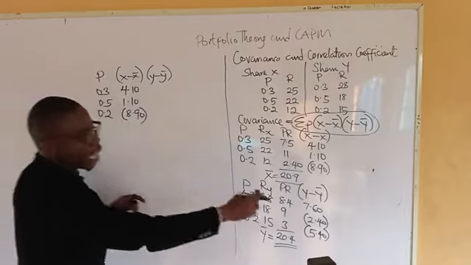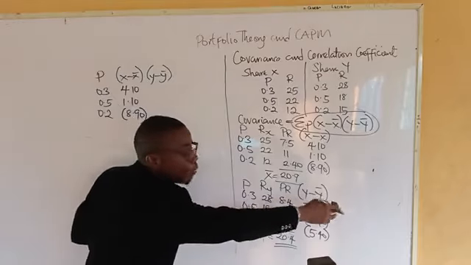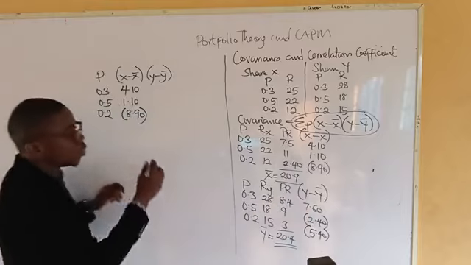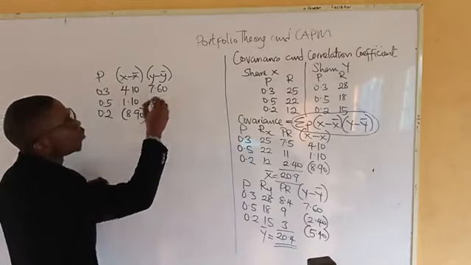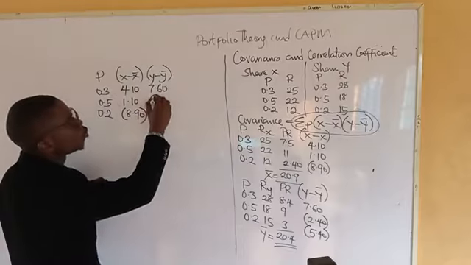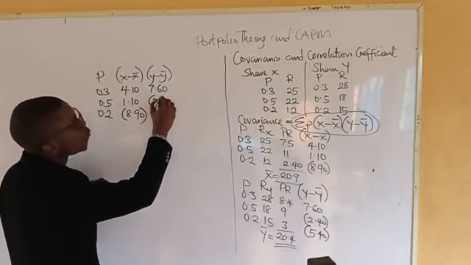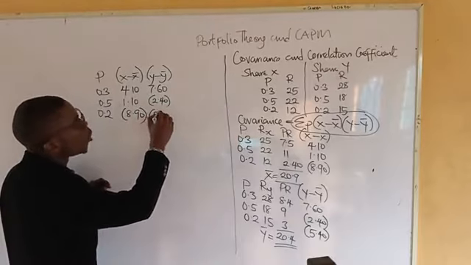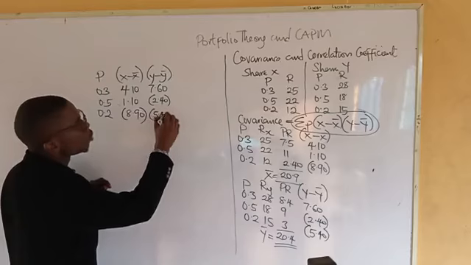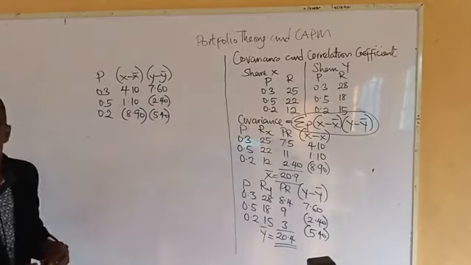For y, y minus y bar, we already have 7.60, minus 2.40, and minus 5.40. Can you see now?